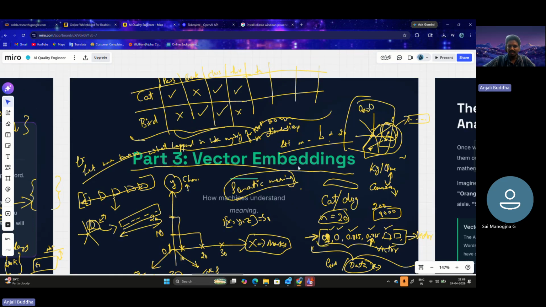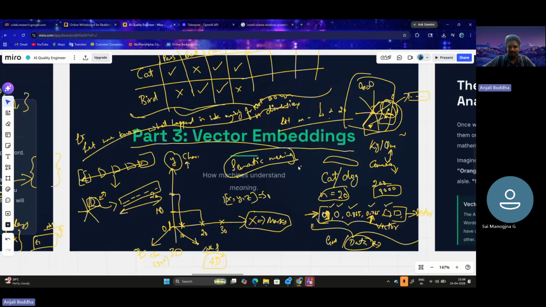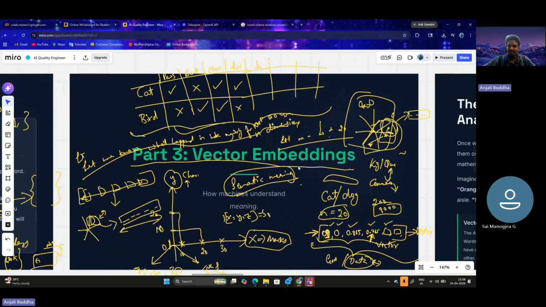There could be 800 to 8,000 of them, and every time a word or a statement comes in, this mathematical representation called a vector is generated. This is nothing but an embedding also. So vector and embedding you can say are the same.